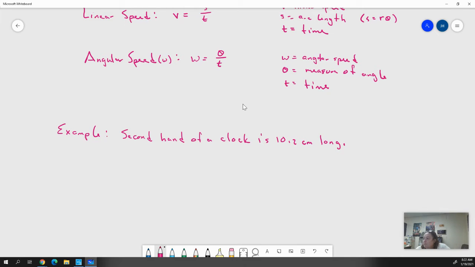It wants me to find the linear speed of the tip of the second hand as it passes around the face of the clock.